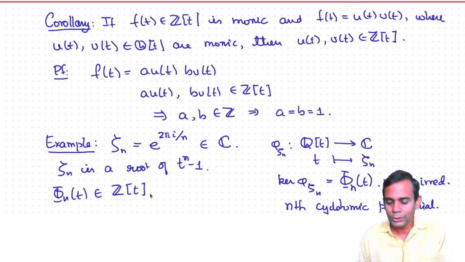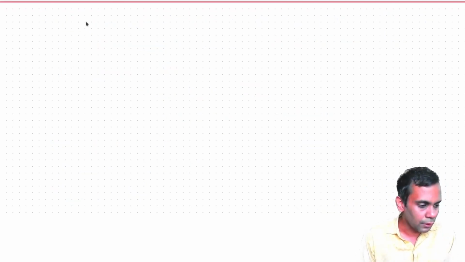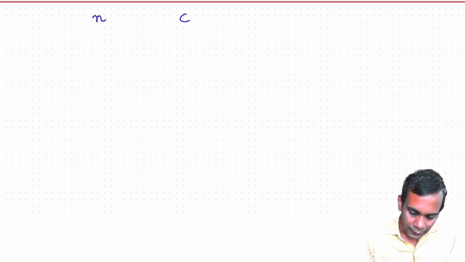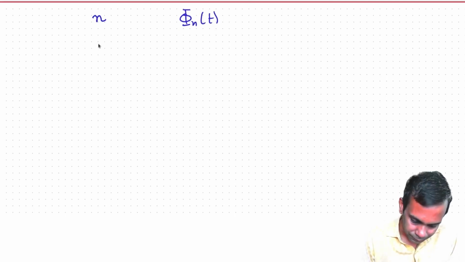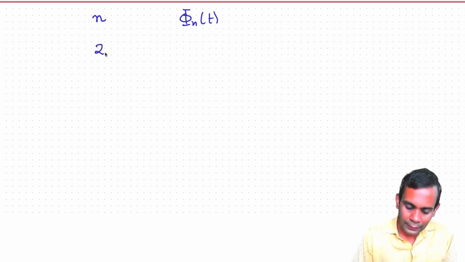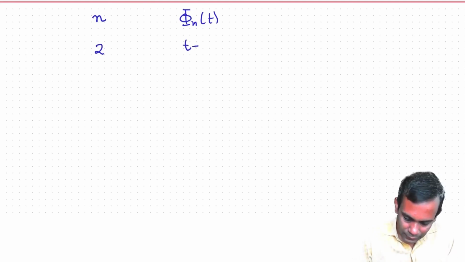We can compute some examples of Phi_n(t) for small cases by hand. So for example, let's write down n and Phi_n(t) for some small examples. If n is equal to 2, then we are looking at zeta_2, which is a square root of 1, which is minus 1. So we just get t + 1.